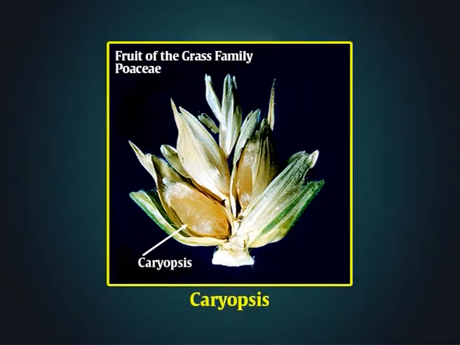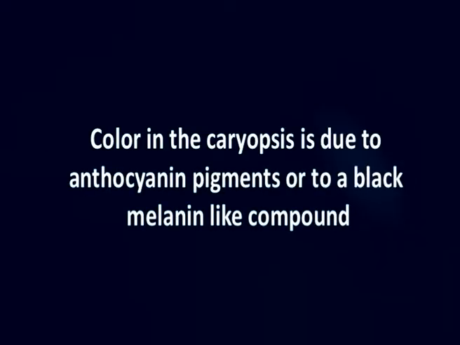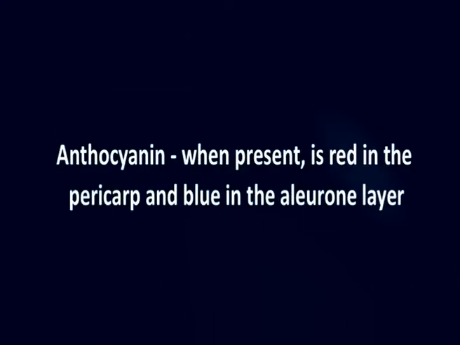The color of the grain in covered barleys depends on the color of the caryopsis and the second husk, that is the palea. Color in the caryopsis is due to anthocyanin pigments or to a black melanin-like compound. Anthocyanin, when present, is red in the pericarp and blue in the aleurone layer.